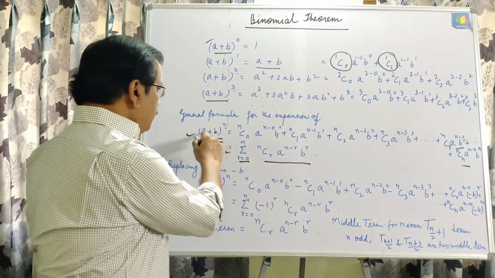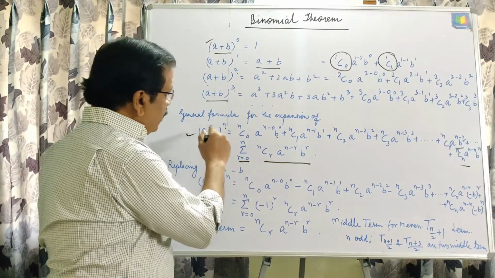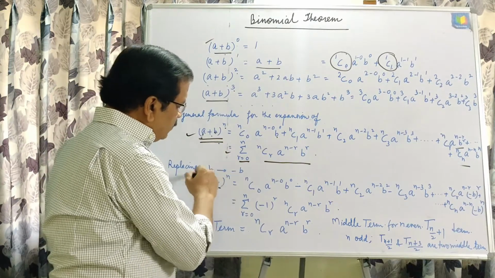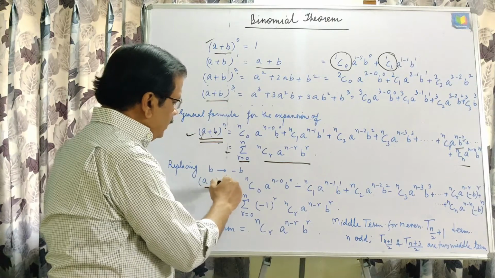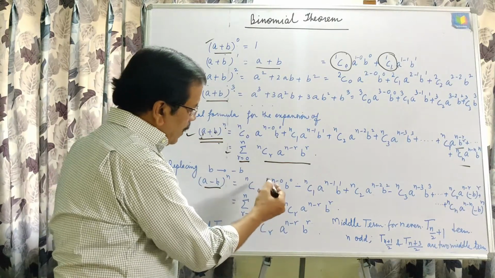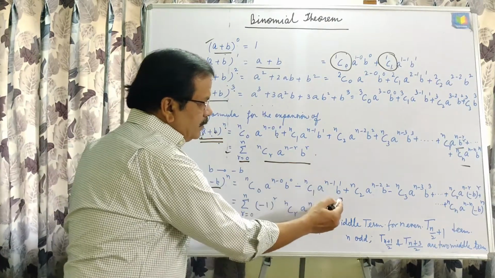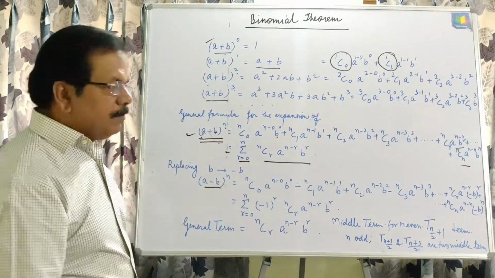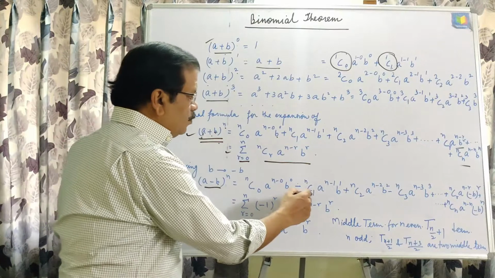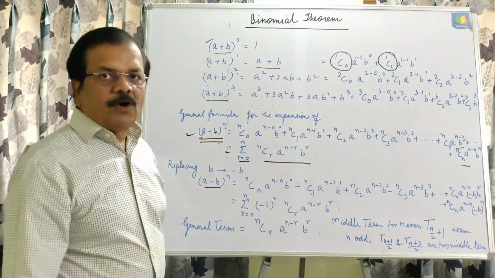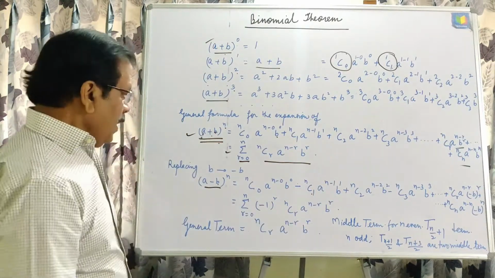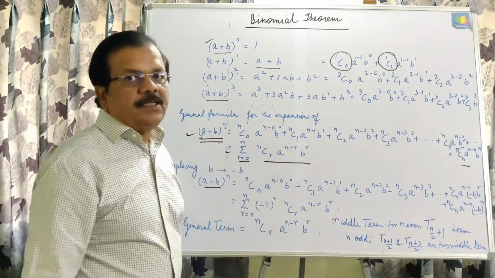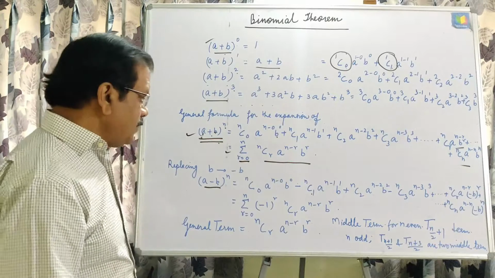In the same way, if we write a equal to 1 and b equal to minus 1, then this will be 0, and this way we get C0 plus C2 plus C4 and so on, all even terms, equal to C1 plus C3 and so on, all odd terms. This way we can write the summations in terms of binomial coefficients.